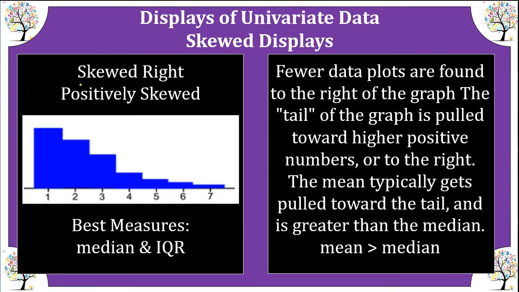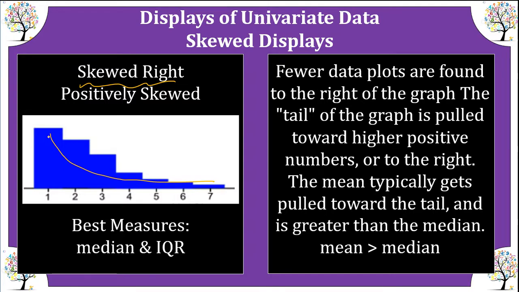Now let's take a look at skewed right, sometimes called positively skewed. I use the term skewed right. When it is skewed right, most of the data lies on the left side, and then we have maybe a possible outlier on the right that is skewing the data and pulling the data toward the tail, as it's called.